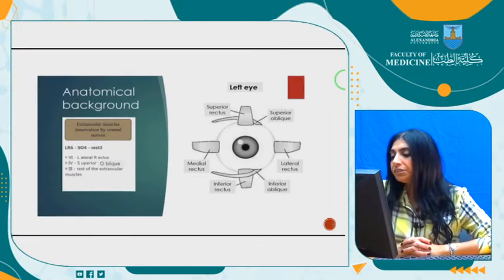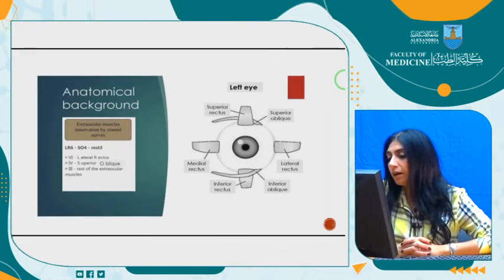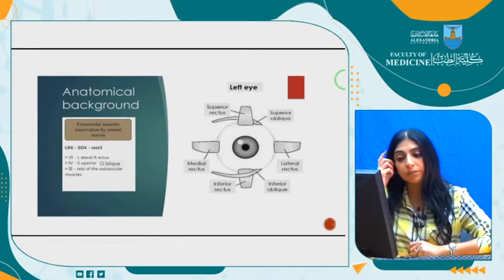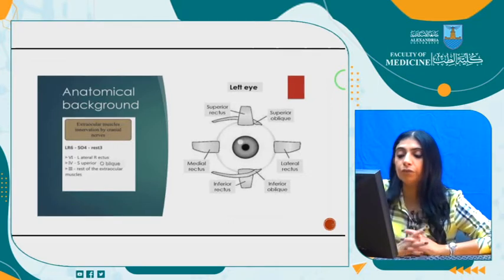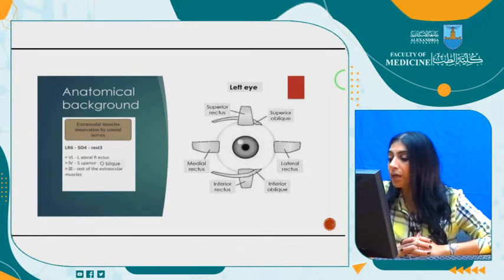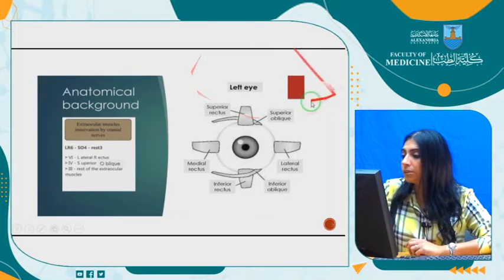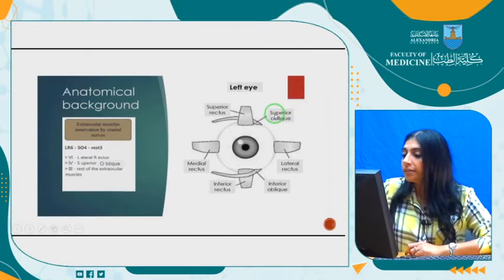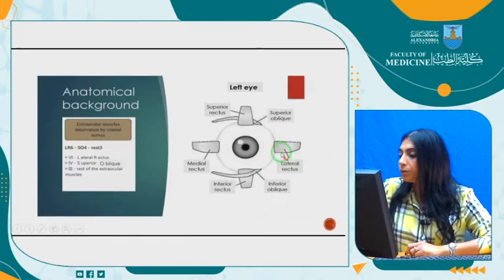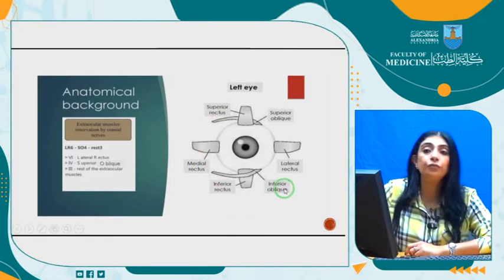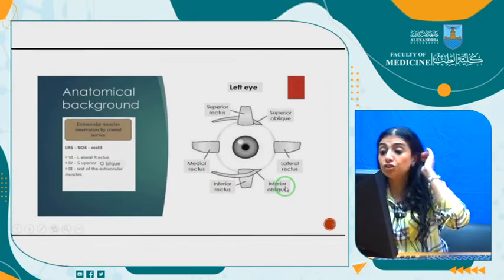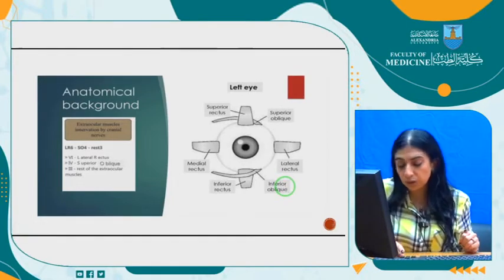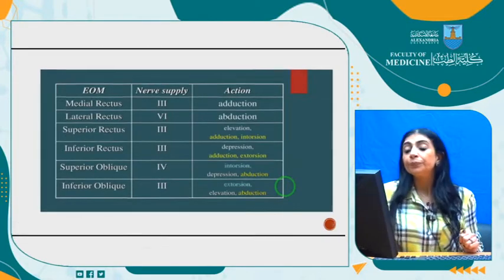We do have 6 muscles in the eye and 3 nerves are responsible for their supply. The fourth cranial nerve supplies the superior oblique muscle, the sixth cranial nerve supplies the lateral rectus muscle, and the rest of the extraocular muscles are supplied by the superior and the inferior division of the third nerve, which is called the oculomotor nerve.